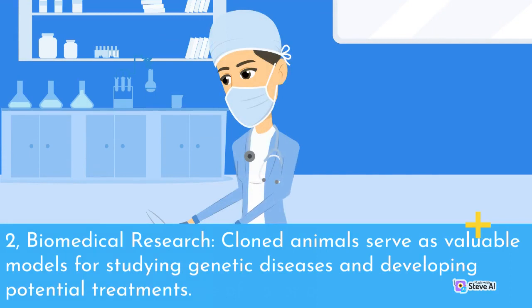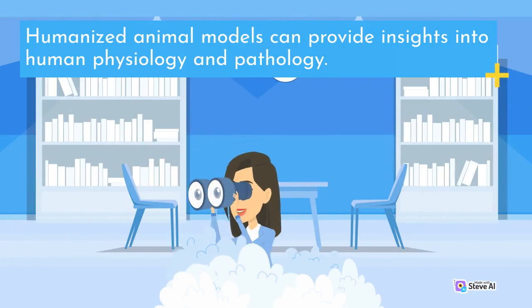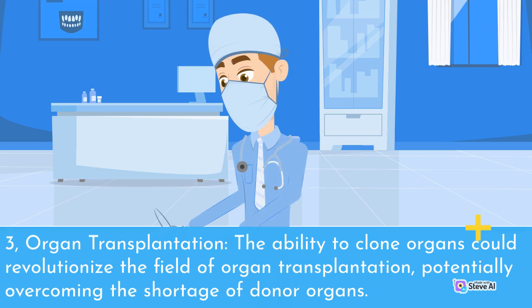2. Biomedical research. Cloned animals serve as valuable models for studying genetic diseases and developing potential treatments. Humanized animal models can provide insights into human physiology and pathology. 3. Organ transplantation.